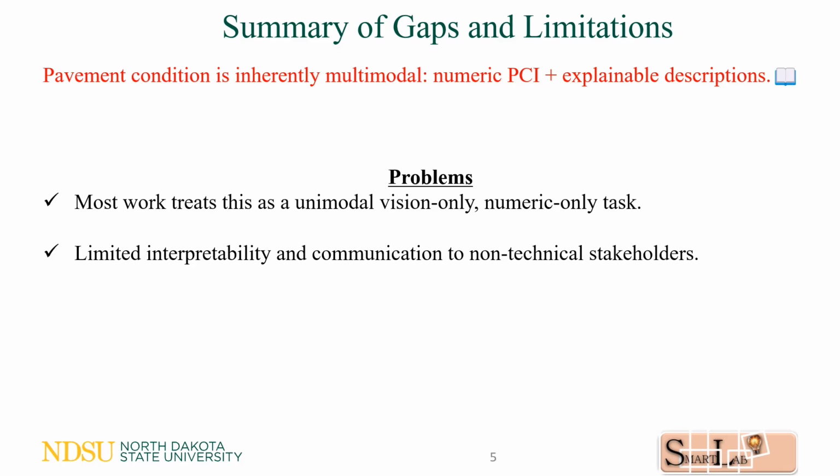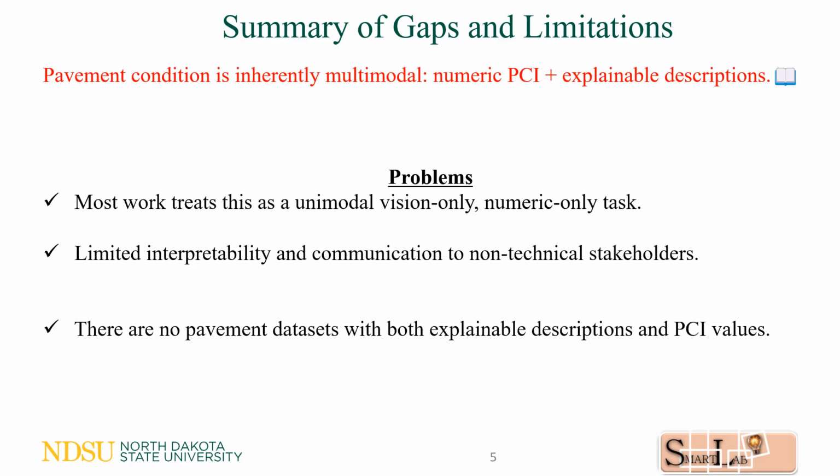So you have to give them textual descriptions of the condition of the pavement. In addition, there is no pavement dataset with both explainable descriptions and PCI values that can help us solve this problem.